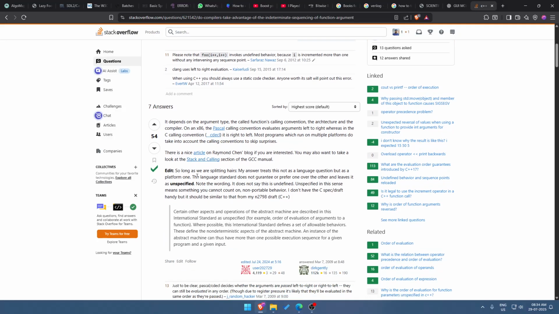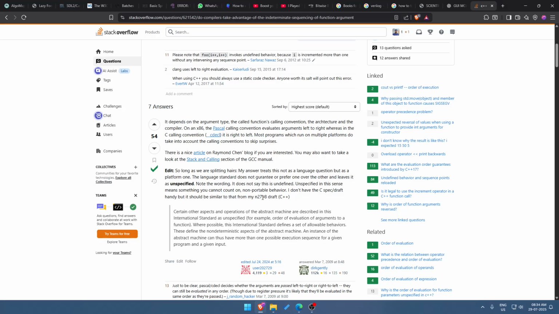Okay, so long as we are splitting hairs here, my answer treats this not as a language question but as a platform one. The language standard does not guarantee or prefer one over the other and leaves it as unspecified. Note the wording, it does not say this is undefined. Unspecified in this sense means you cannot count on non-portable behavior.